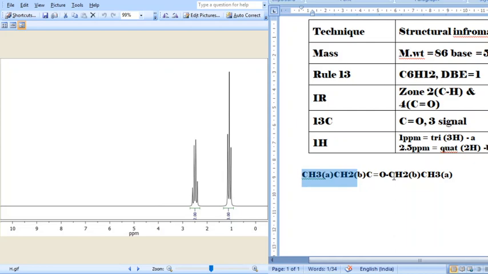Because we have already found there is a CH3, CH2, CO group, but according to the molecular weight it is not enough, and we need more. If you subtract 57 from 86, it comes to around 29, which is equal to a CH3CH2 group.